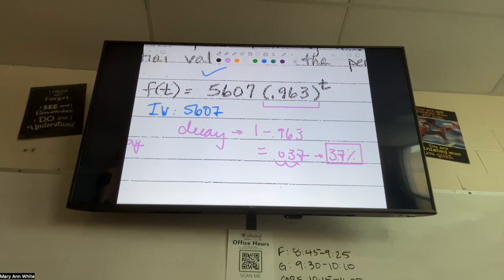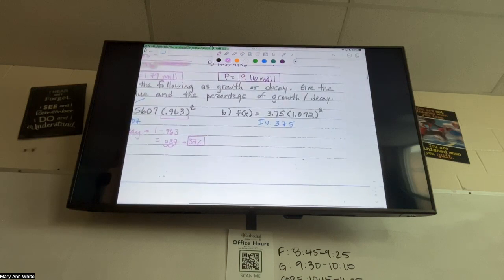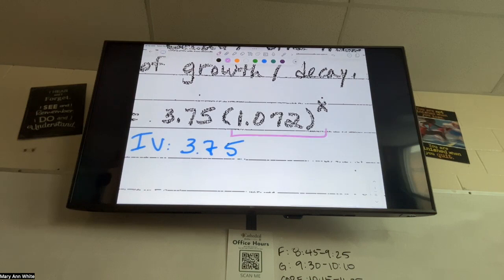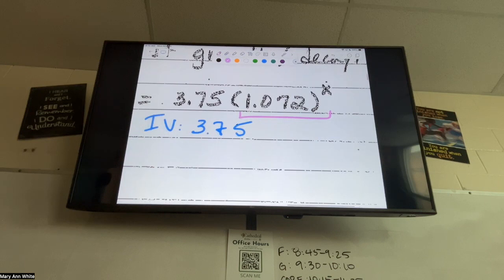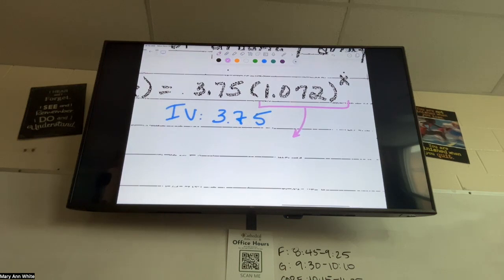Okay. Similarly for the next one, except this one is not an example of decay, it's the opposite. And I know that because it's bigger than 1. So that's an example of growth. This time to find out what my growth is, we can do this number minus 1, because it's the bigger number. I'm just trying to keep positive numbers here.